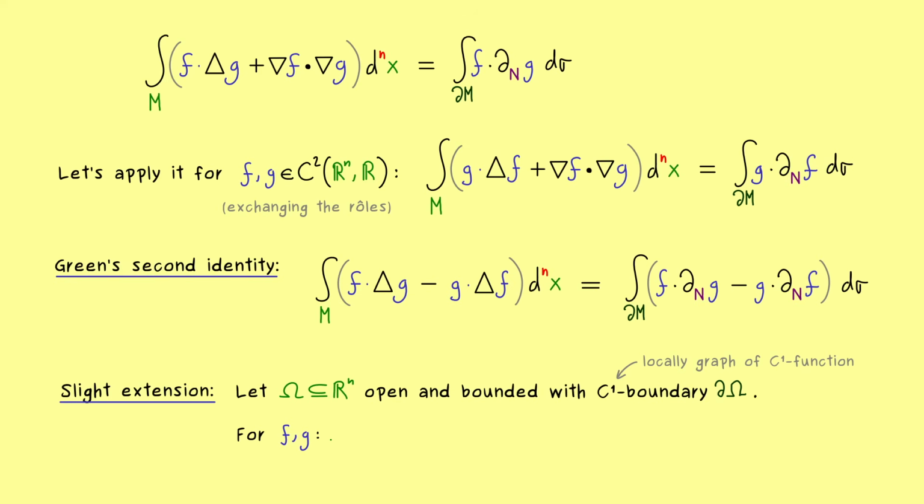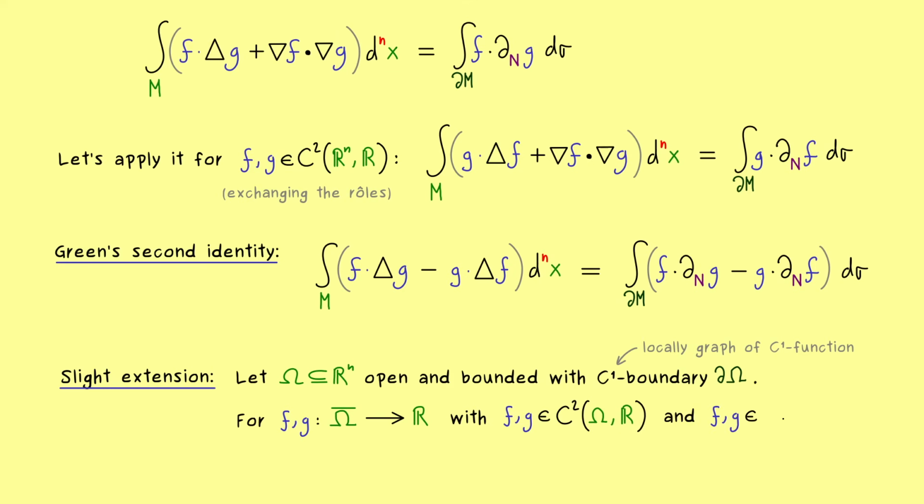But still they need to be defined on the boundary as well, so let's write it like that. But then in the moment we restrict the functions to the interior, we want to have the C2 property. But if we also include the boundary, we still want to have the C1 property because we need to calculate directional derivatives. So there you see, this is how we can weaken the property from before, and the right hand side still makes sense.